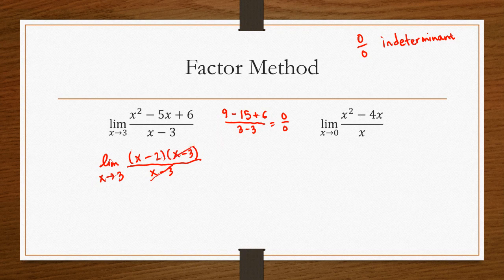And we can cross them out because remember, we don't want x to be 3. We want x to be close to 3. If x were equal to 3, we'd be dividing by 0. It's not equal to 3. It's just close to 3. So we can cancel out that factor. And now we can do substitution and we get 3 minus 2, which is 1.